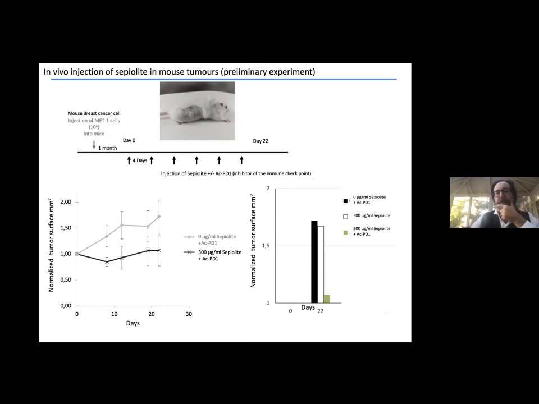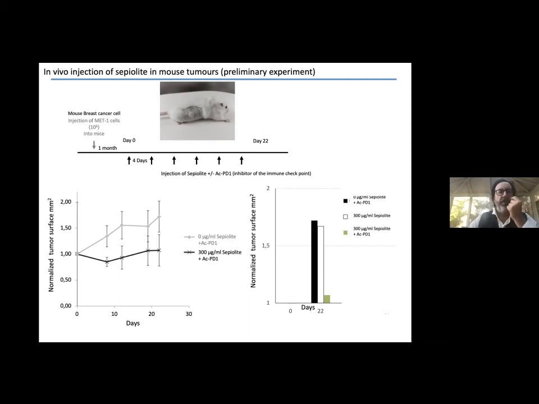This has to be repeated with more mice, maybe trying different concentrations of sepiolite, different conditions. And what we expect is to detect tumor regression. That would be the goal, and we have to verify the invasion by cells from the immune system. But this is a very encouraging preliminary experiment.